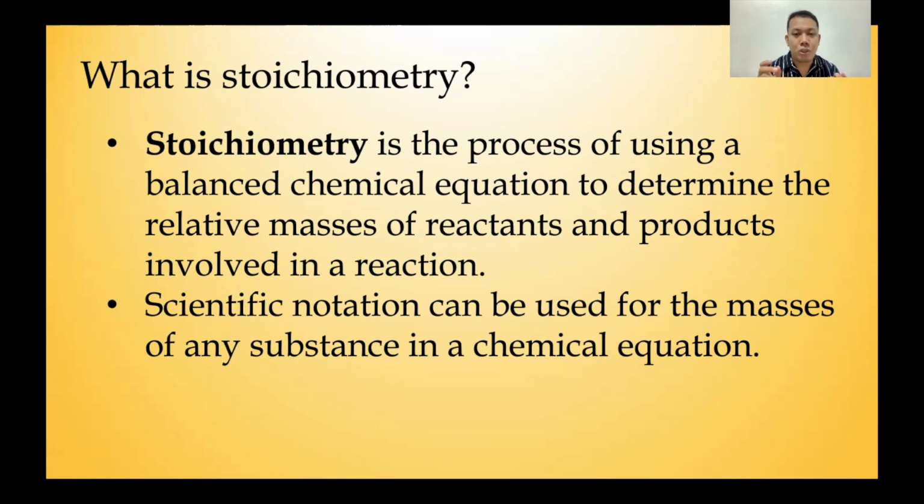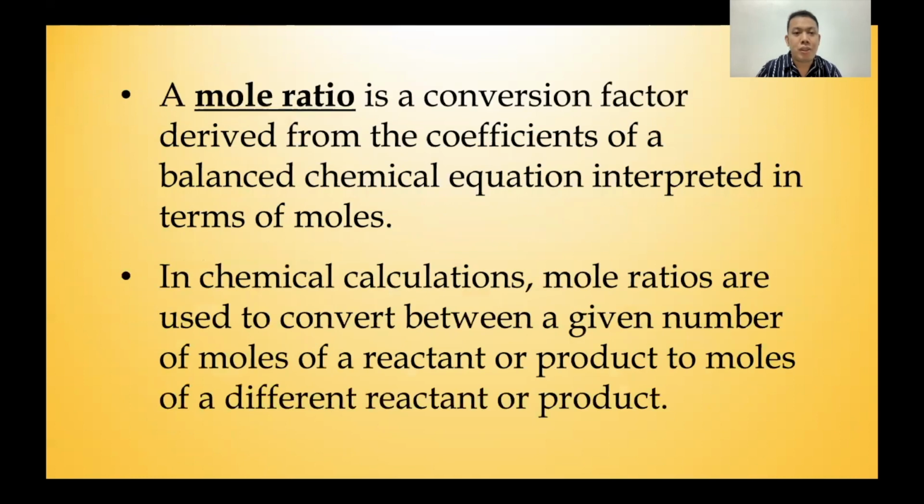You need to get the mole ratio. You will get that in the chemical equation. You have to get the number of moles, then you have to go back to the chemical equation. So if your chemical equation is incorrect, then the rest will also be incorrect. A mole ratio is a conversion factor derived from the coefficients of a balanced chemical equation interpreted in terms of moles.